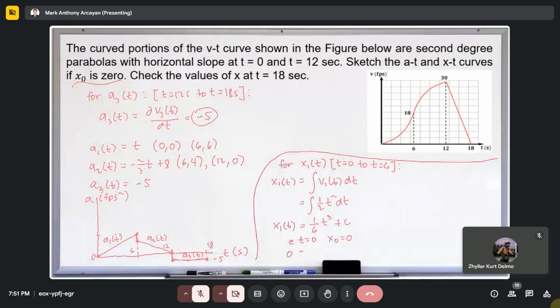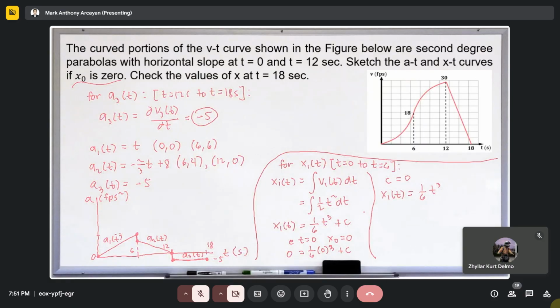Therefore, it becomes 0 is equal to 1/6 t cubed plus the constant, and here the constant is just equal to 0. Therefore, the final function for our first interval is equal to 1/6 t cubed without the constant c.